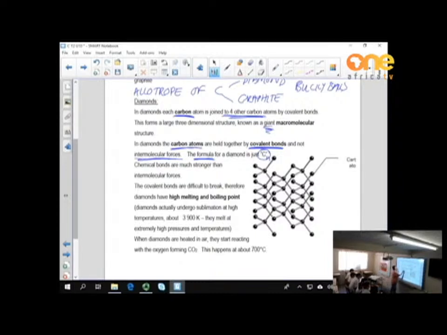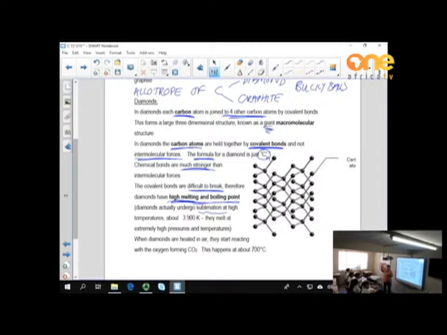Chemical bonds are much stronger than intermolecular forces, so they are difficult to break, and therefore diamonds have high melting and boiling points. In actual fact, diamonds tend to undergo sublimation at very high temperatures. If there is no oxygen available, the carbons will maybe break apart and form carbon in the gaseous state.